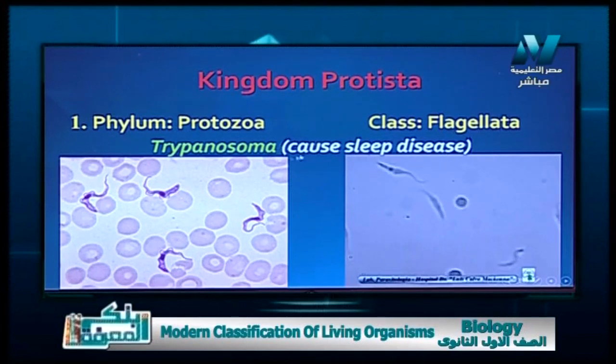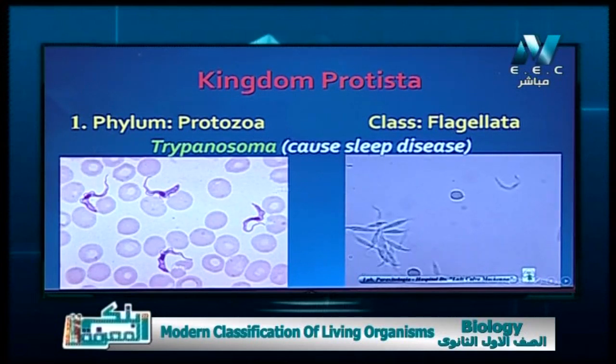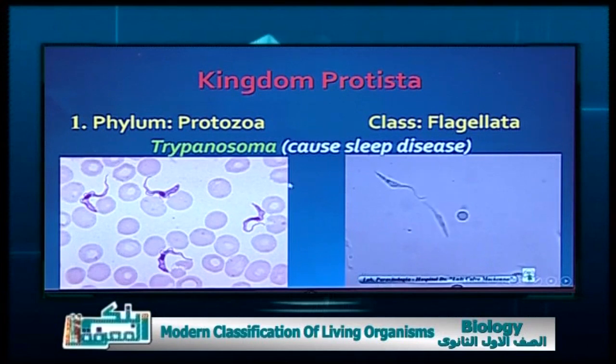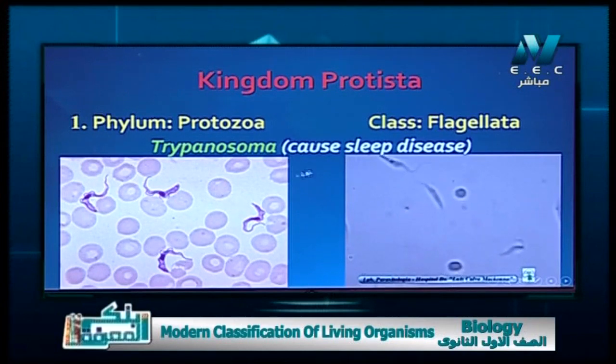It parasitizes on man, spending part of its life cycle there, and the other part is present in a fly called tsetse, and when it infects a human body, it causes the sleep disease. Could you notice the movement by using the flagellum? So this is called Flagellata, and the example is trypanosoma.